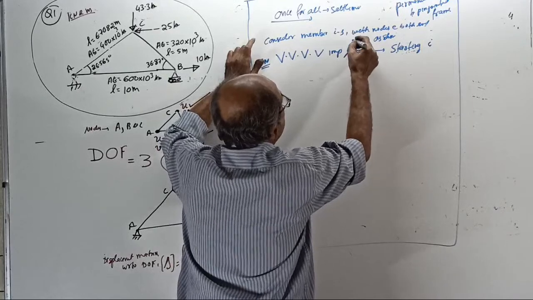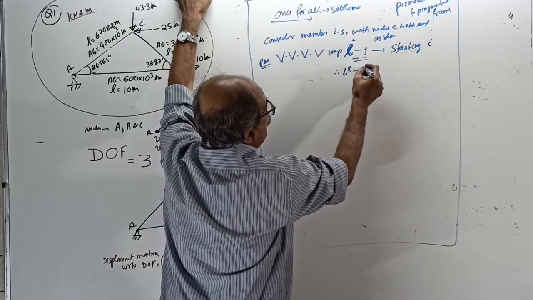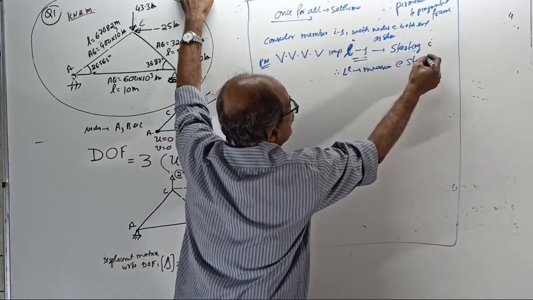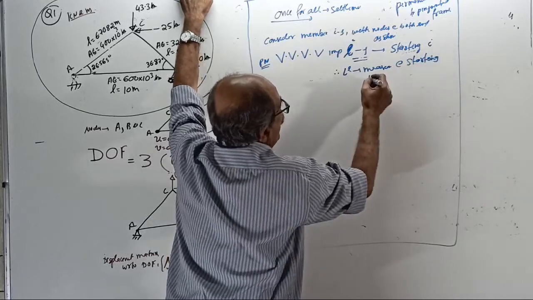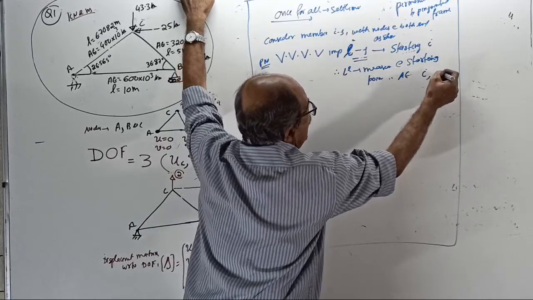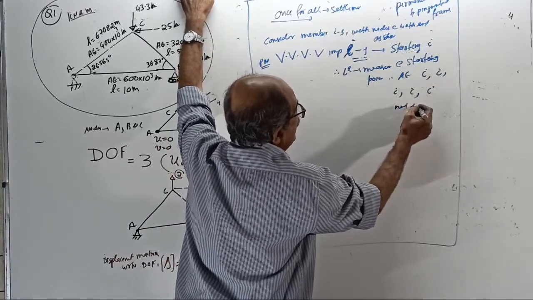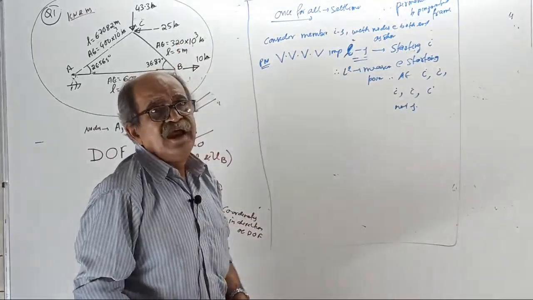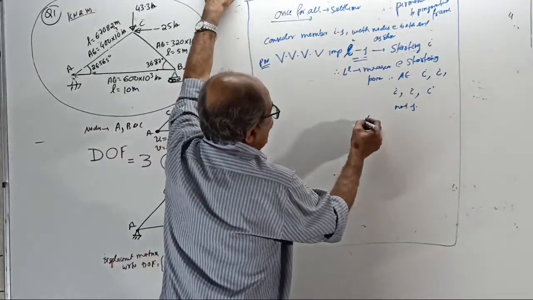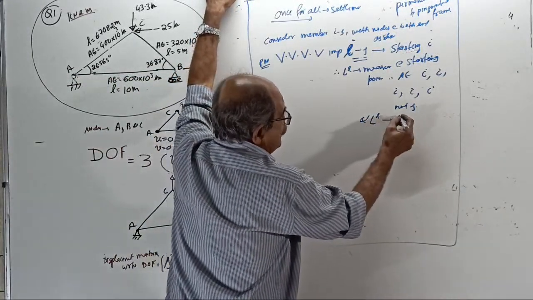Remember, the angle is measured at the starting point, therefore at I, not J. Your angle should be measured at I. And one more thing, the angle is called theta.